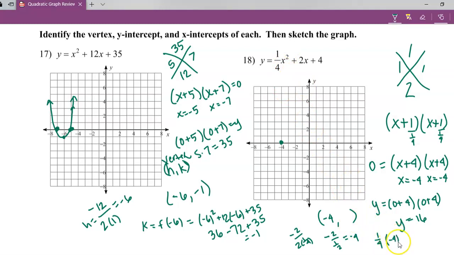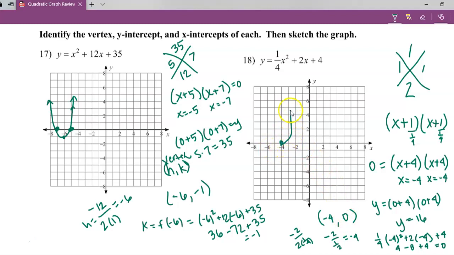So negative 4 squared plus 2 times negative 4 plus 4.